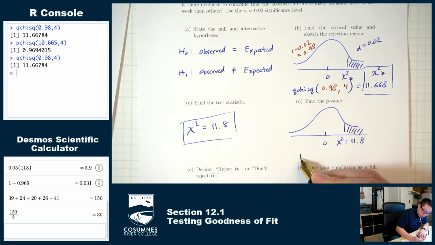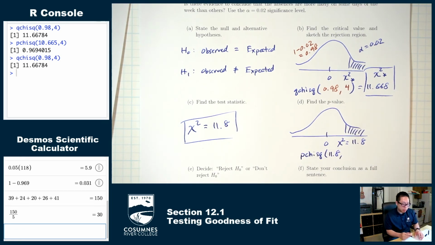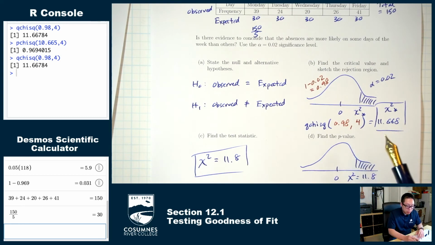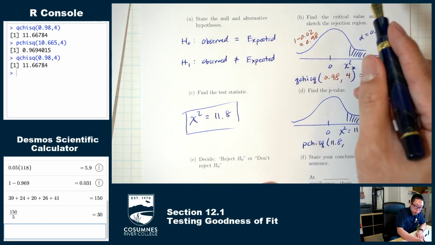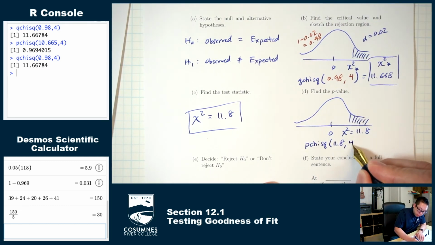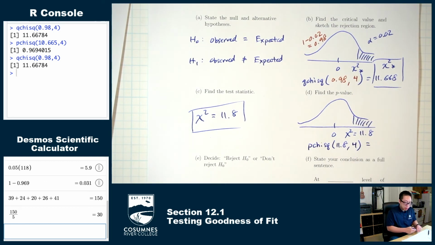So p chi-square. Our chi-square was 11.8. df should be the same as in part B. Number of categories minus 1. So number of categories was 5, minus 1 is 4. P chi-square 11.8, comma 4.